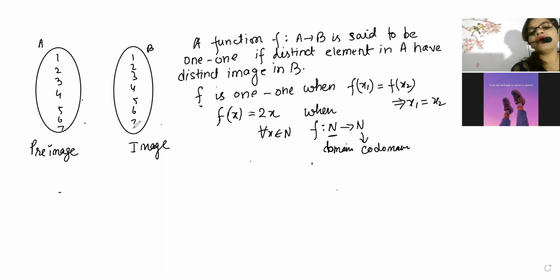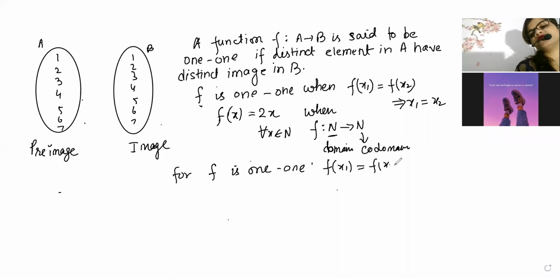And what I told you: for the function f to be one-one, f of x1 should be equal to f of x2, and we have to start from here, then show x1 is equal to x2.